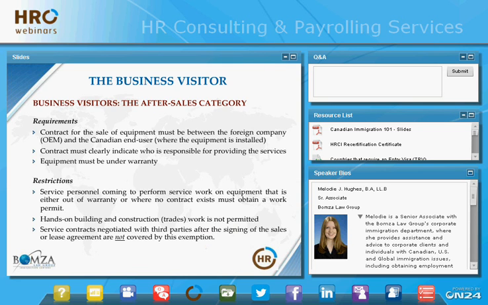Some restrictions to this particular category: anyone who's coming in to perform service work on equipment that's out of warranty or where there's no contract in existence, a work permit should be obtained. In addition, even though it provides authorization for individuals to set up, test, service the equipment, it does prohibit any hands-on building or construction work, and this is specifically for tradespersons and oftentimes union workers.